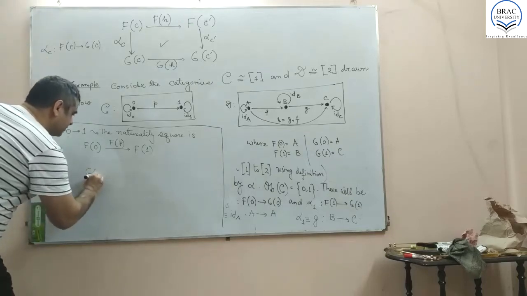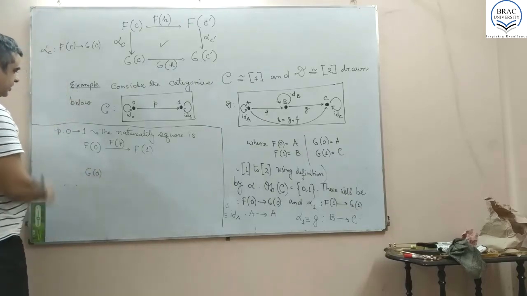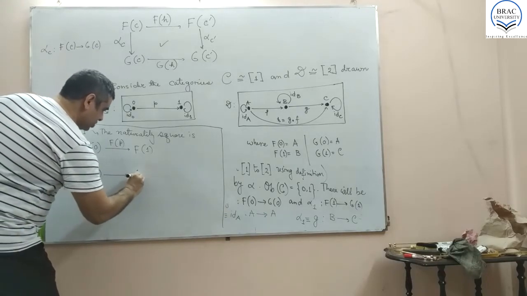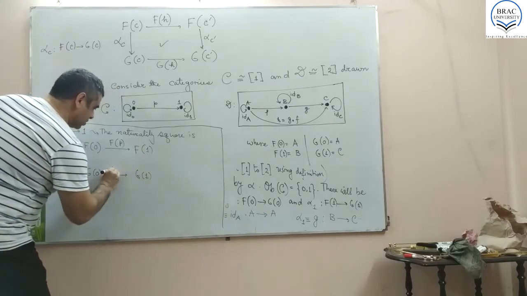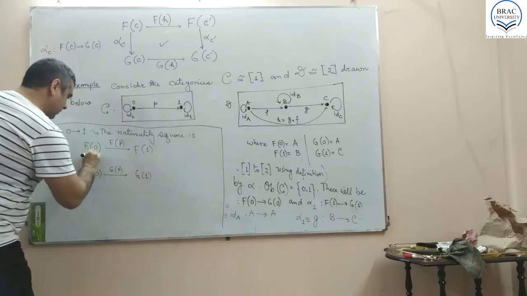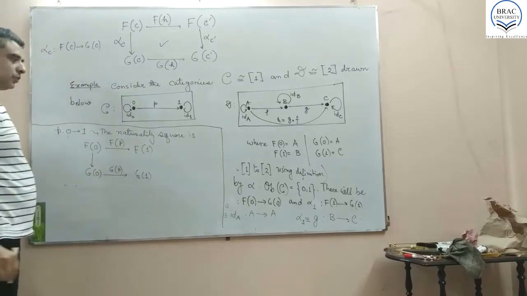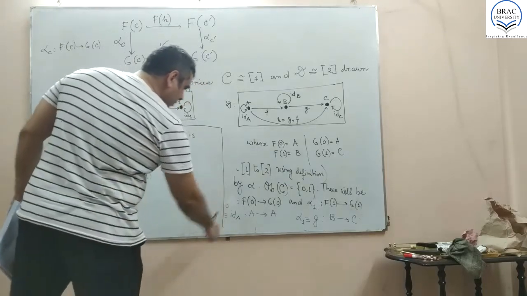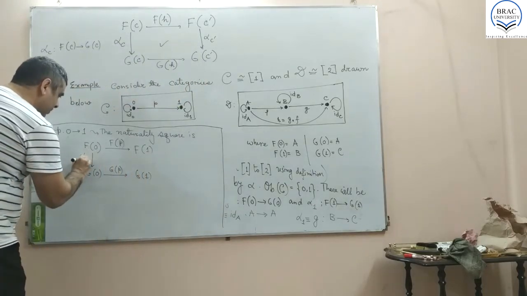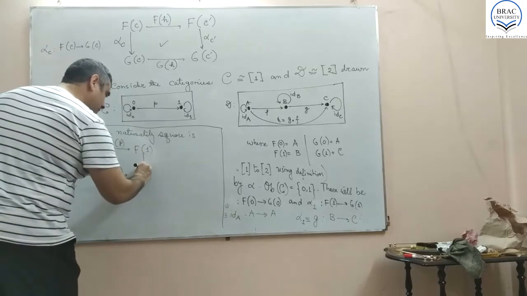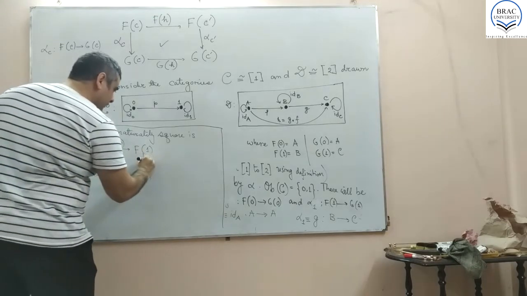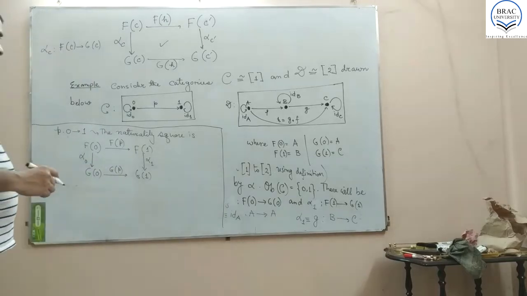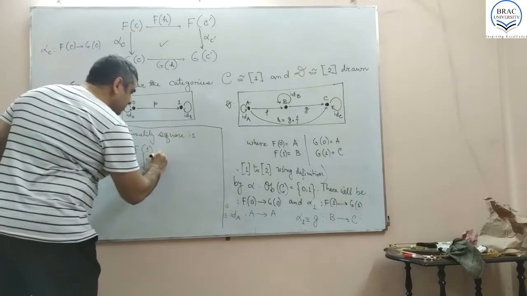And then you have G0. The functor G is acting on this morphism, G1 and GP. And this is the zero component of the natural transformation, and this is the one component of the natural transformation. Okay.